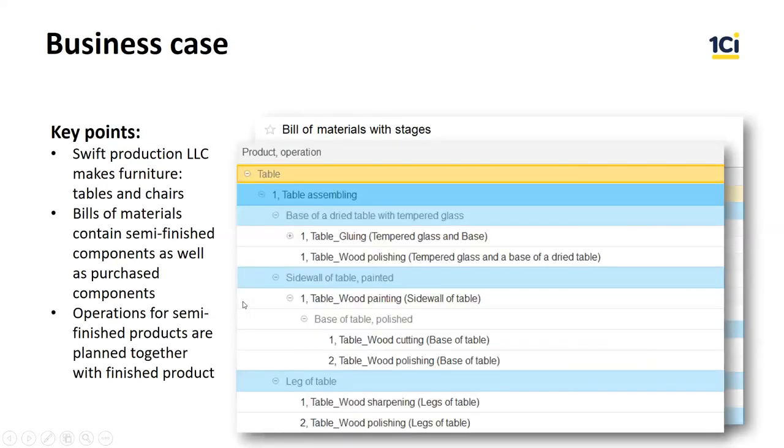And also, when we plan and work with operations to produce finished goods and components, semi-finished components are planned together with the finished product.